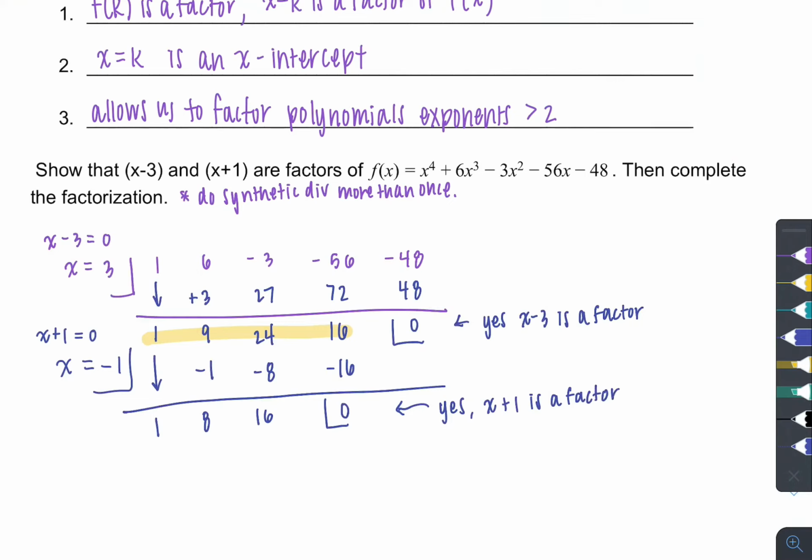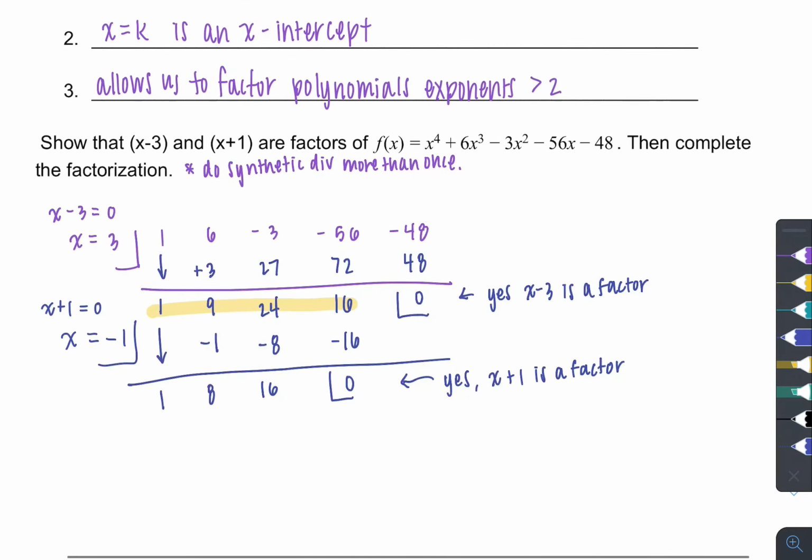Okay, so what that means, that x minus 3 and x plus 1 are factors, is that we can write this as, basically, x to the 4th plus... I'm not going to rewrite this whole thing. So this whole thing right here, our original equation, is able to be written as f of x is equal to, we're going to write what's left over.